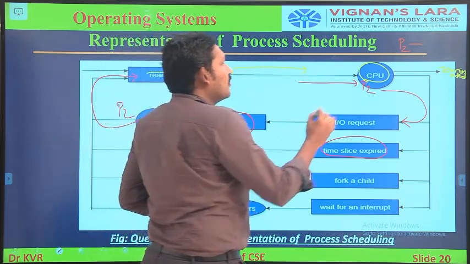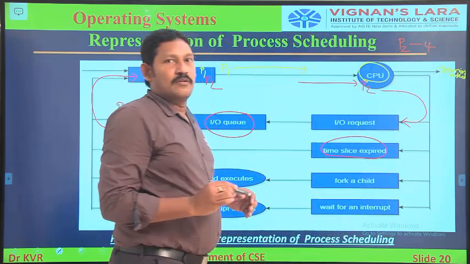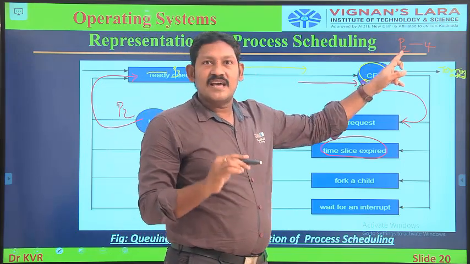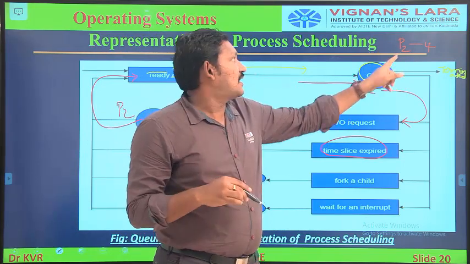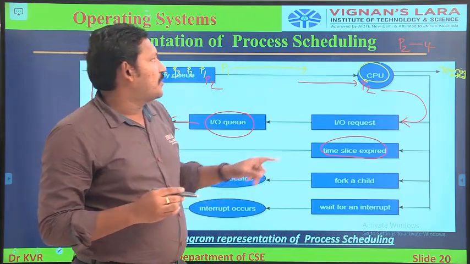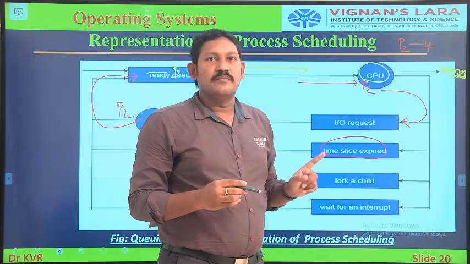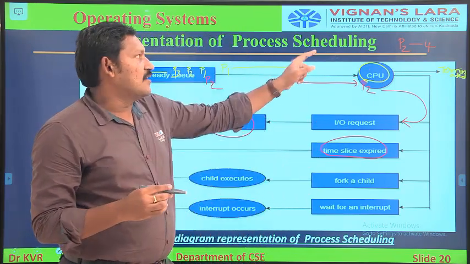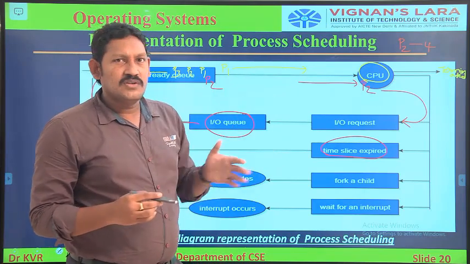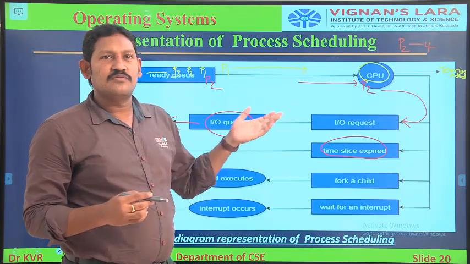Let us suppose process P2 was given a time slice like 4 milliseconds. Actually it is 4 milliseconds, but for our convenience we can call it 4 milliseconds or 4 seconds.